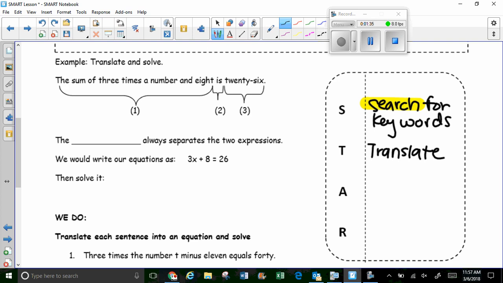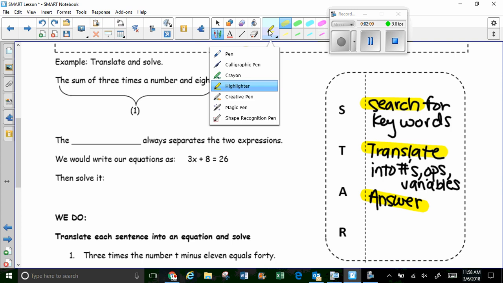So translate into numbers, operations, variables. So the second step is to translate. A stands for answer. So answer, find the solution.